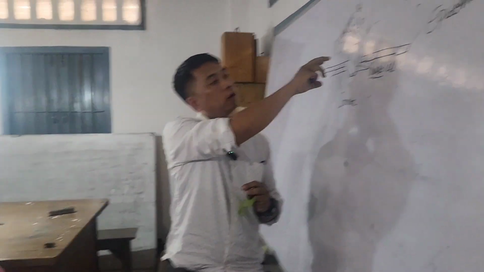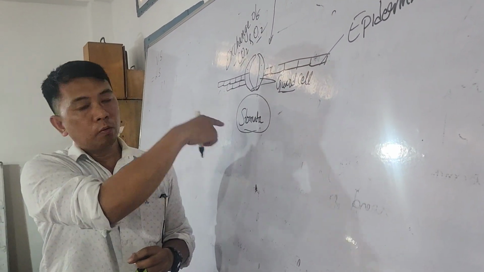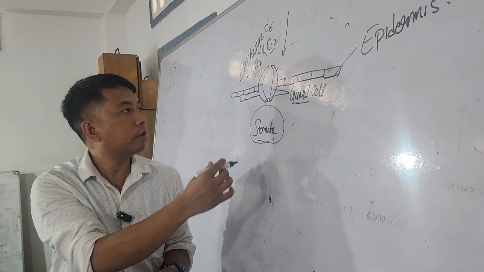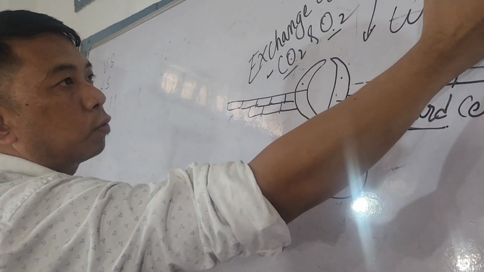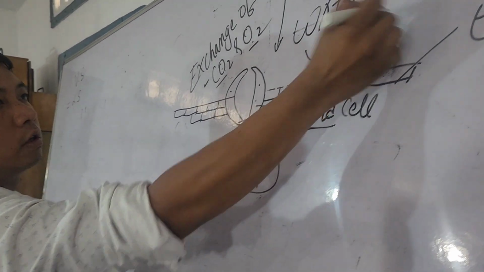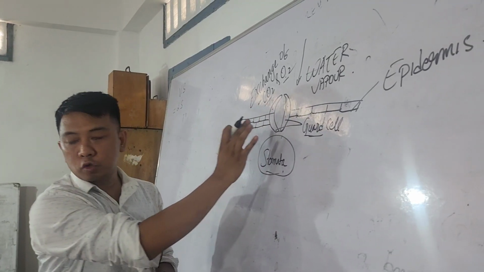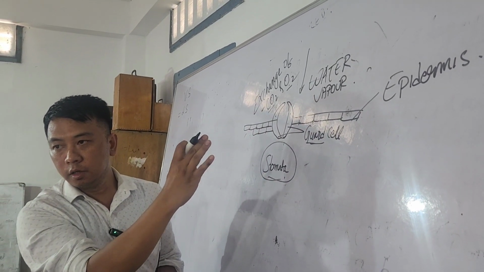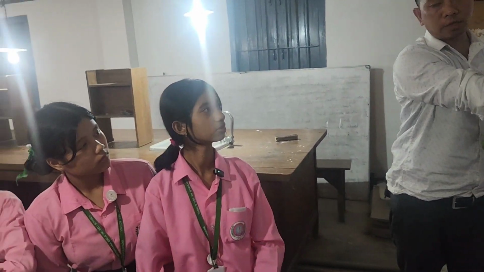All this happens in this stomatal pore, where exchange of gases takes place, and they also regulate water. It's water vapor. This water vapor will be released from the stomata through transpiration. Transpiration is the process where water is released from the leaf. So all this happens inside the stomata.